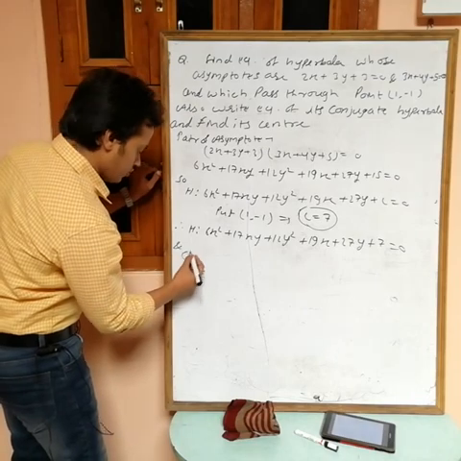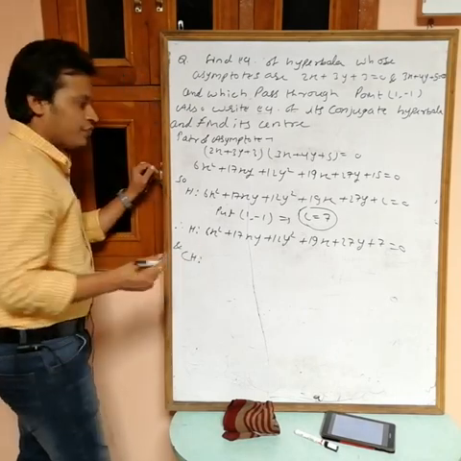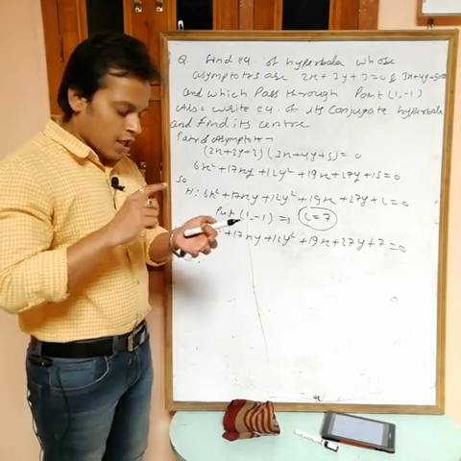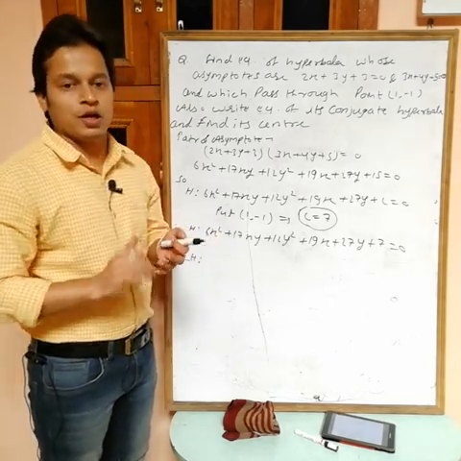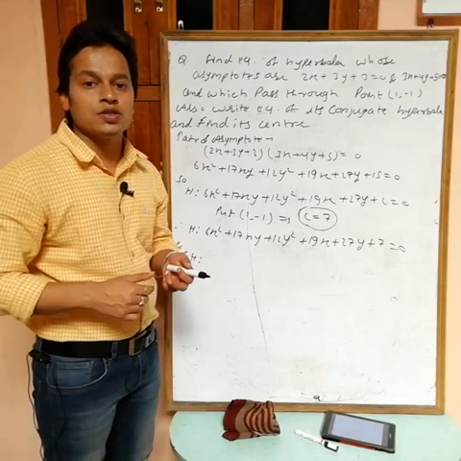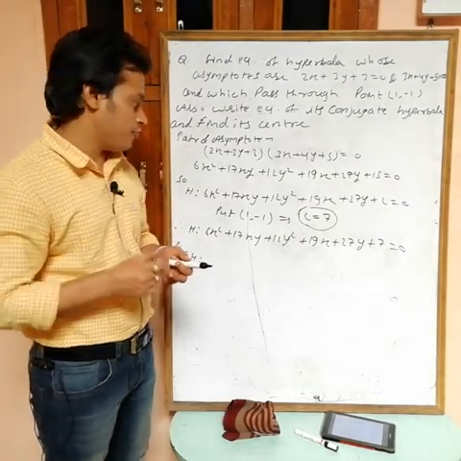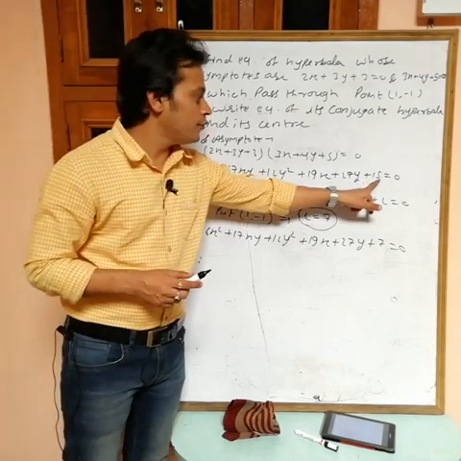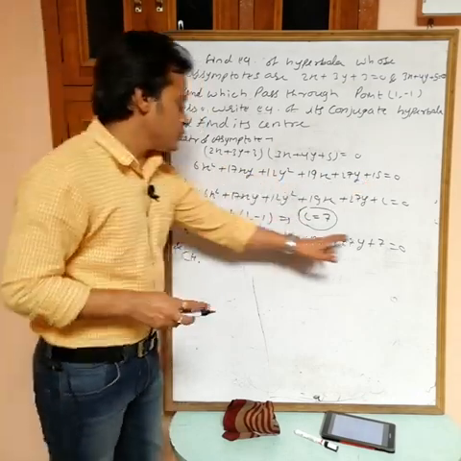And if you want the conjugate hyperbola, then we know that the sum of the constant terms of the hyperbola and conjugate hyperbola is always twice the constant term of the pair of asymptotes. The constant term of the pair of asymptotes is 15, and for this one 7.